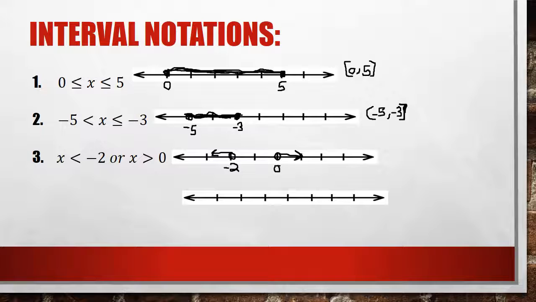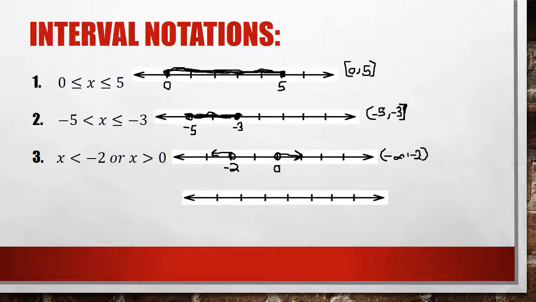So to represent this inequality in interval notation, I know that I'm going to start my inequality with negative infinity, and then it ends at negative 2. Not including negative 2, that means I'm going to have a parenthesis.